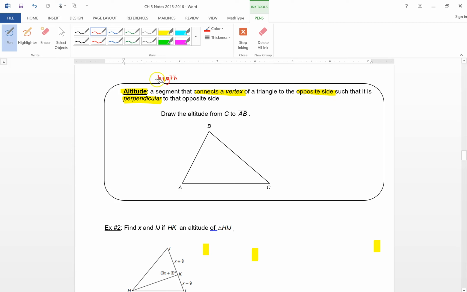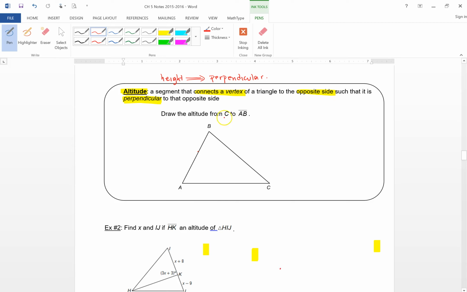Oh, that's not height at all. Meaning it must be perpendicular. Okay. So the altitude goes from the vertex to the opposite side, and now it's got to be perpendicular.